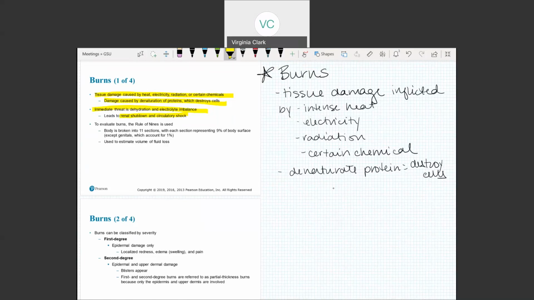So just like we have the ABCD rule of melanoma, burns have the rule of nines. So the rule of nines is how you evaluate burns.